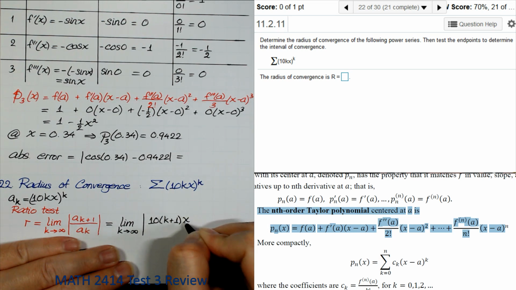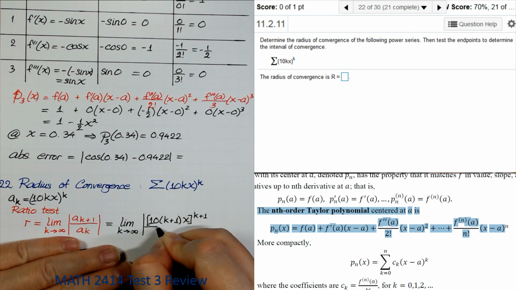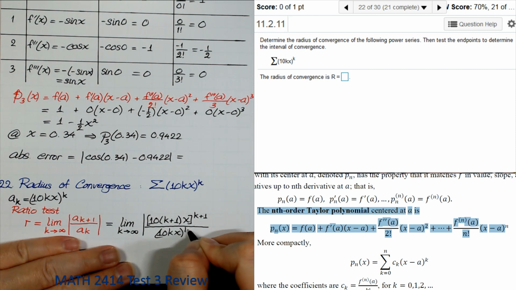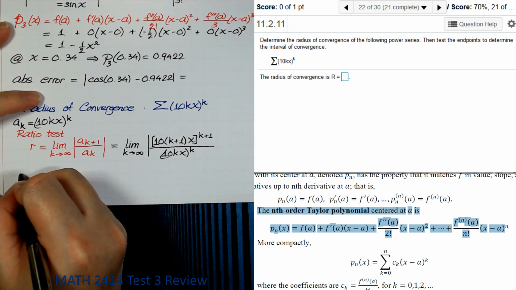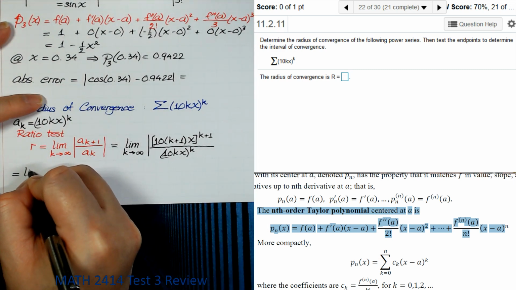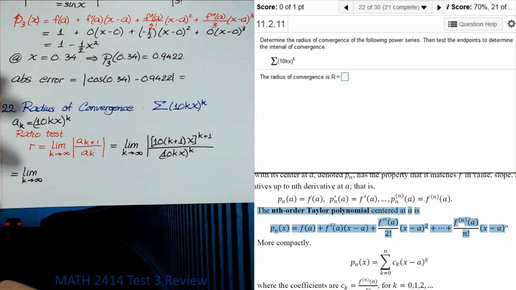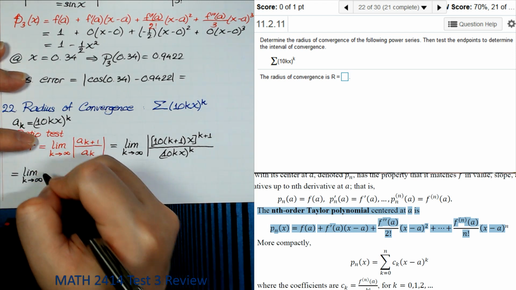And then x, all of which raised to the power of k plus 1, over 10k x to the k.